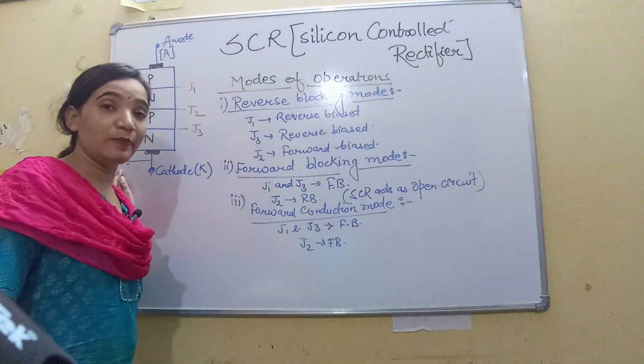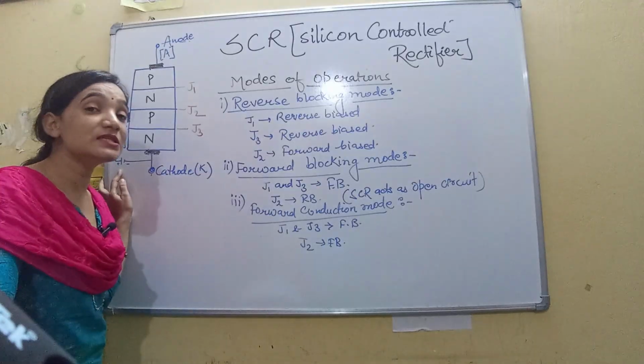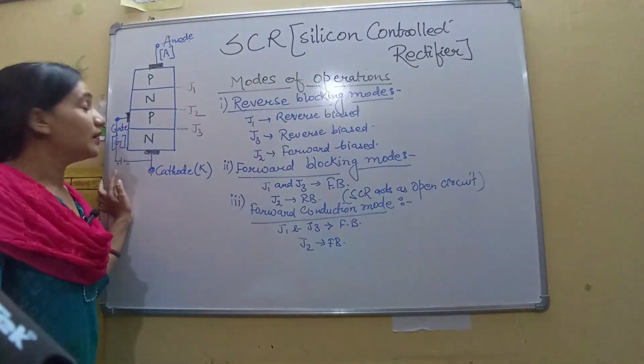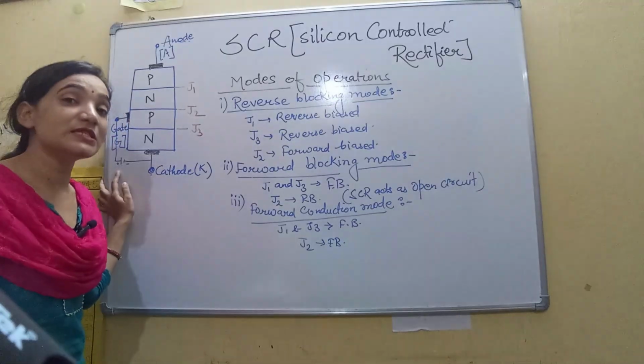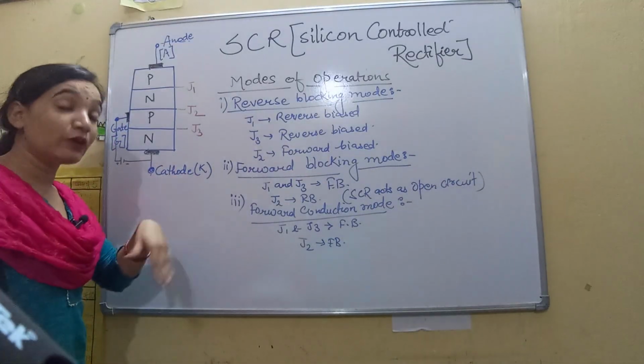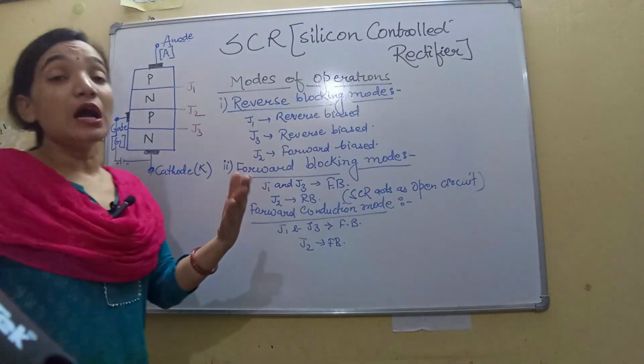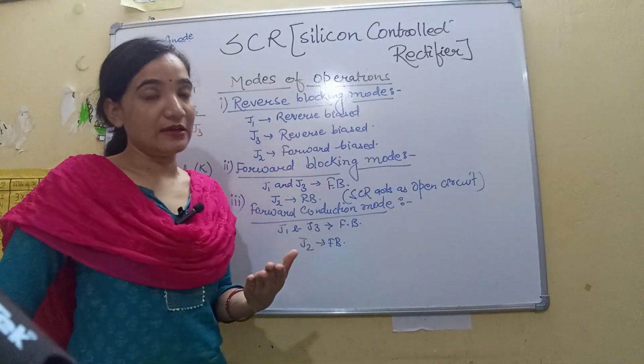If we increase the positive pulse in the gate, we find that the breakover voltage is achieved sooner by the SCR.